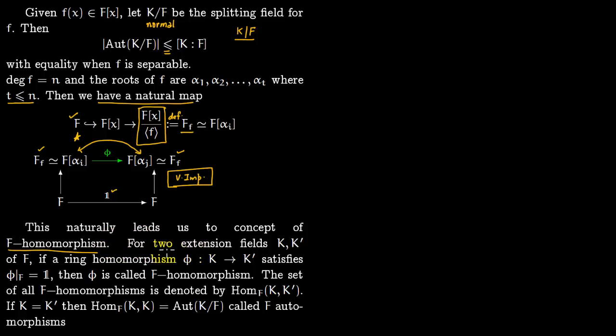More generally, say you're given two extension fields K and K prime of F. If a ring homomorphism phi takes K to K prime and you restrict it to the base field F, you get an identity map, then phi is called an F-homomorphism, and the set of all F-homomorphisms you denote as Hom_F(K, K prime).